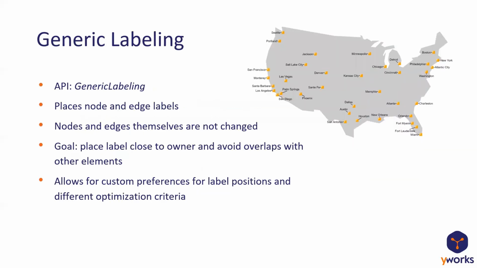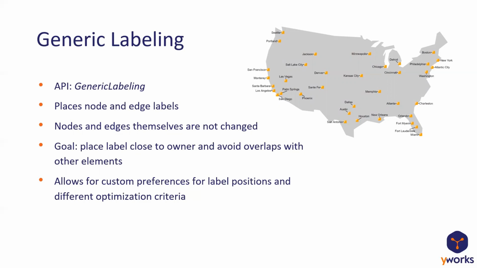So shortly, some overview on the generic labeling algorithm that the yFiles API offers. As already said, it places node and edge labels. You can also select which labels it places. It might place only single labels. Nodes and edges are not changed.